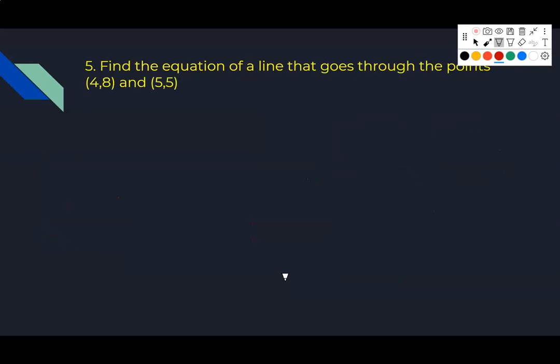Okay, and last problem. Find the equation of a line that goes through the points 4, 8, and 5, 5. By the way, let's recall, the slope is the change in y over the change in x, that's rise over run. So that's y2 minus y1 over x2 minus x1.